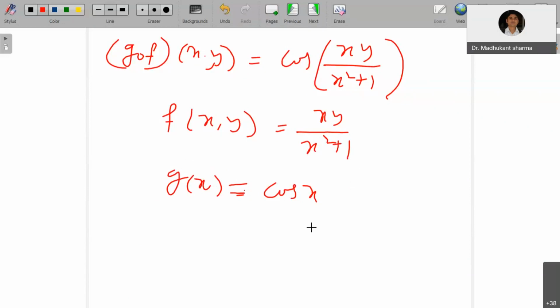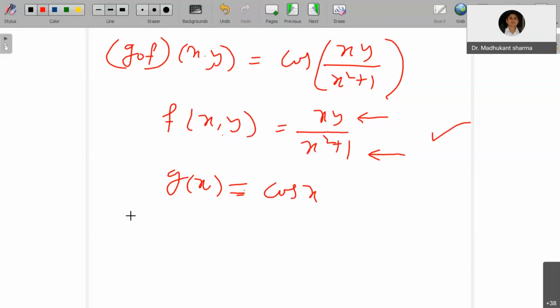You know the cos function is a nice function, continuous, even differentiable and so on. Now look at this: F is a rational function. The numerator is continuous, the denominator is continuous. This rational function is continuous everywhere except at the points where the denominator vanishes. The denominator vanishes where x squared equals minus 1, but that is not possible for real numbers. So it will never vanish. So F is continuous everywhere on R2.